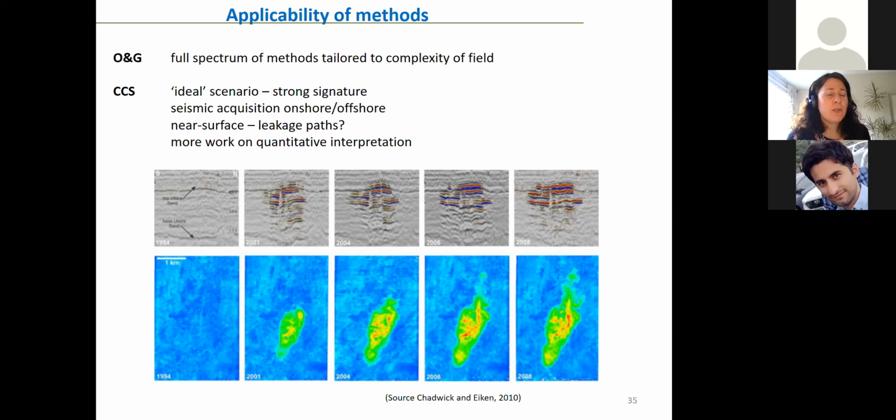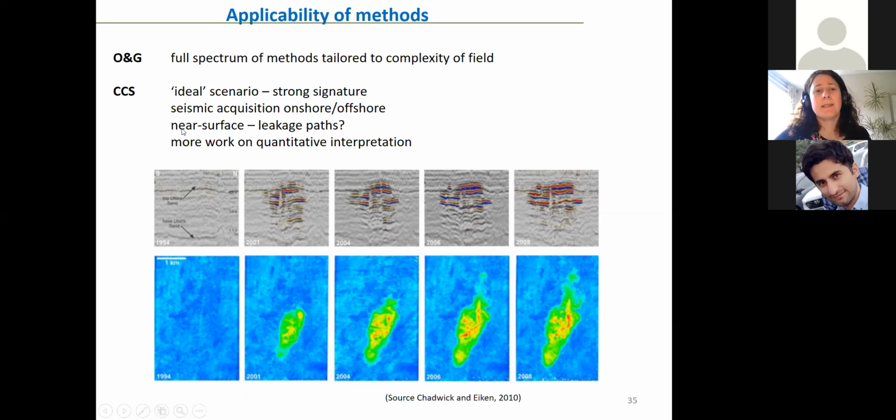The main issues you may have to address in terms of 4D seismic with CCS is that, given that you want to monitor these plumes for a very long time, you have to look at seismic acquisition considerations, geometries, and so on. So potentially, whether you can have repeated or permanent sensors or not will affect what type of method you will use.